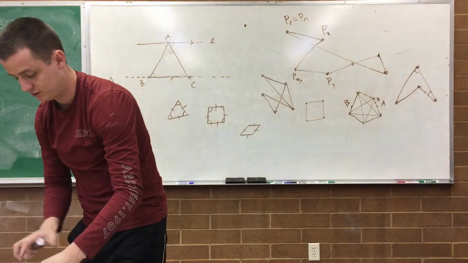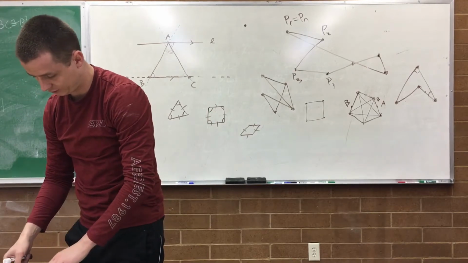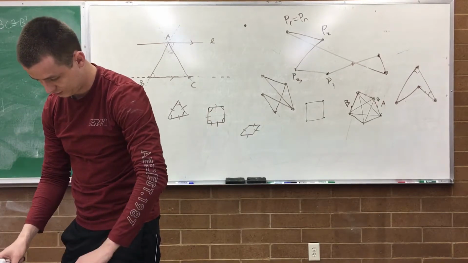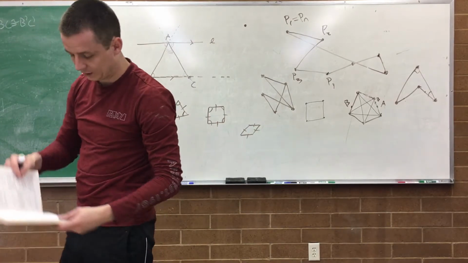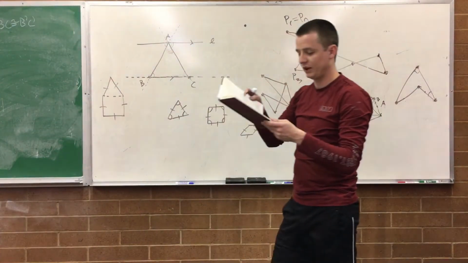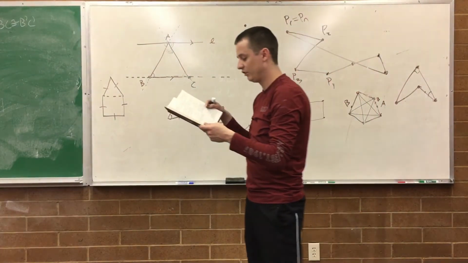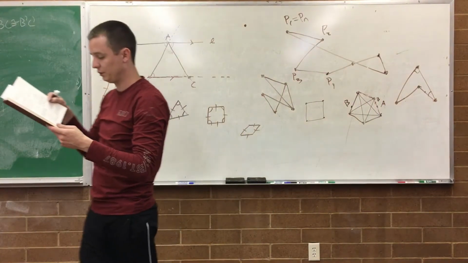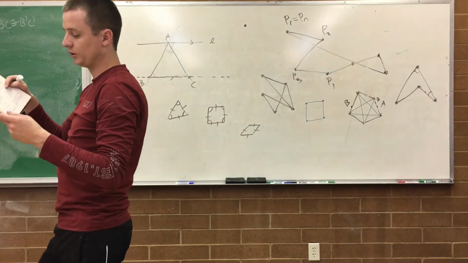What's the path? Was that chapter 7 or 6? Let P1 through Pn be any set of n points. The set of points of all the segments P1P2, P2P3, all the way up to Pn-1Pn is called a polygonal path.